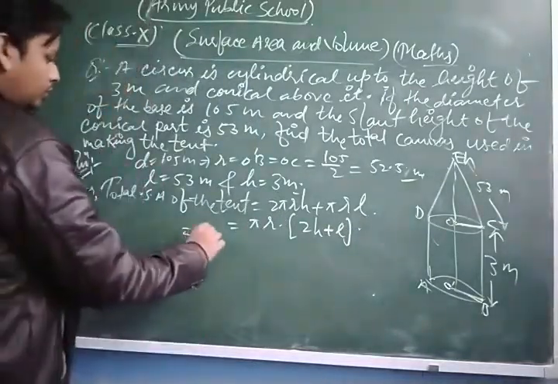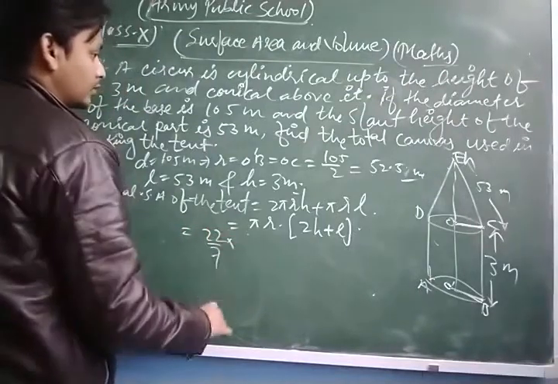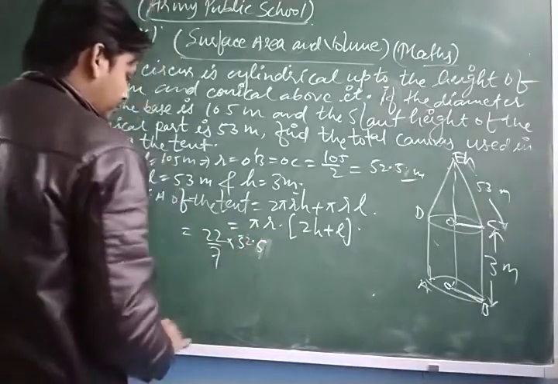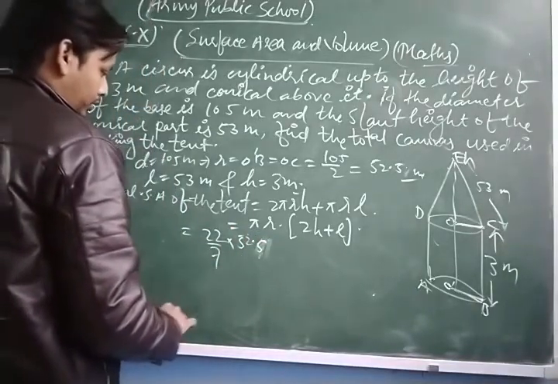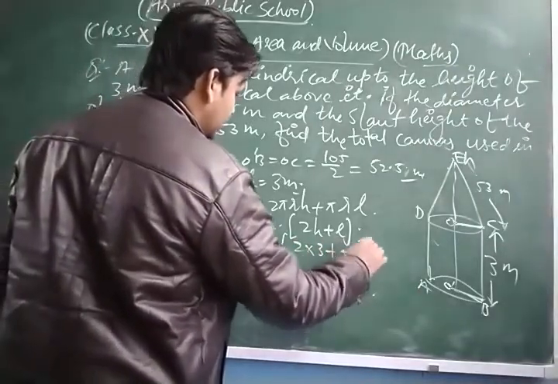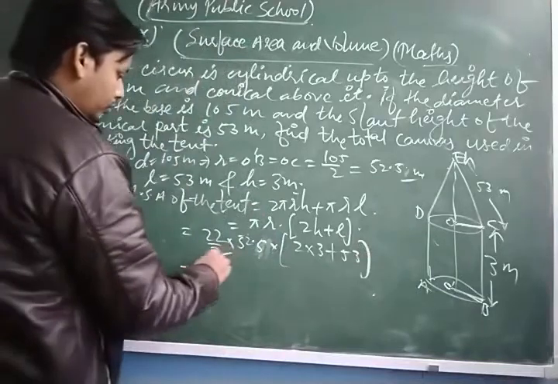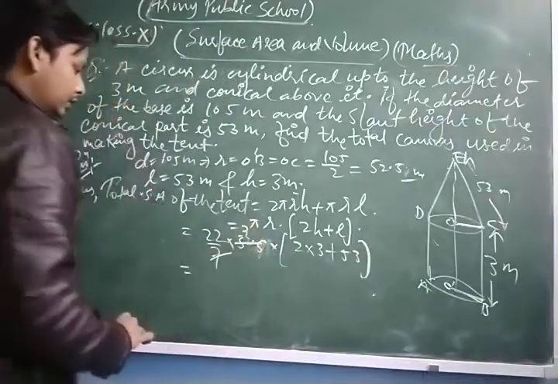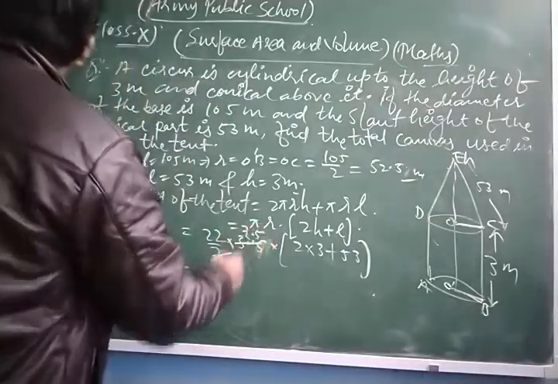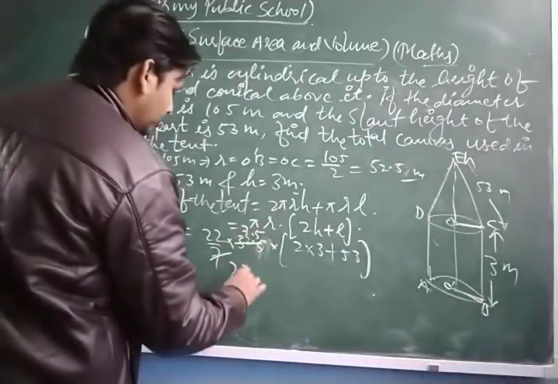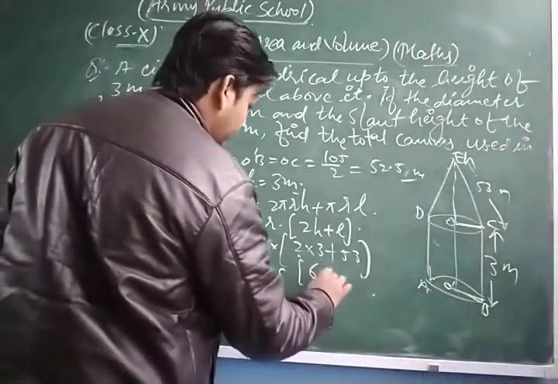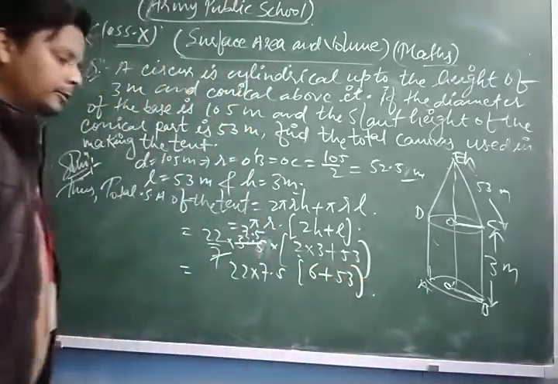So this is 22 upon 7 into the radius 52.5, into (2 into h, which is 3, plus 53). Now 7 times 7.5 is 52.5, so we get 22 into 7.5 into (2 times 3 is 6, plus 53).